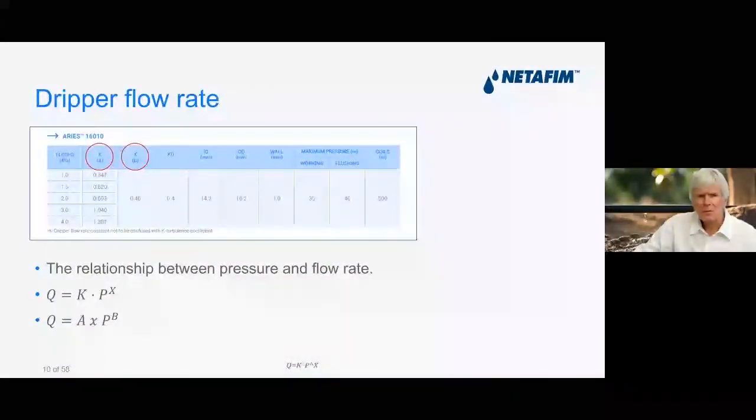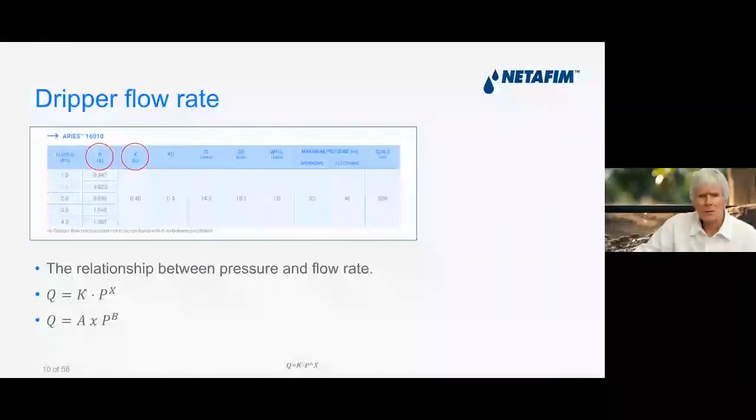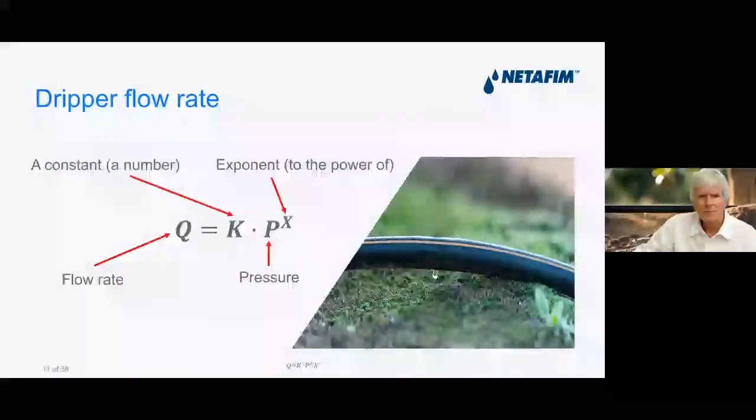They're always given as K and X, or A and B, in all of the technical literature that we give, such as encircled in the table above. Q is the flow rate. K is a constant, it's just a number.